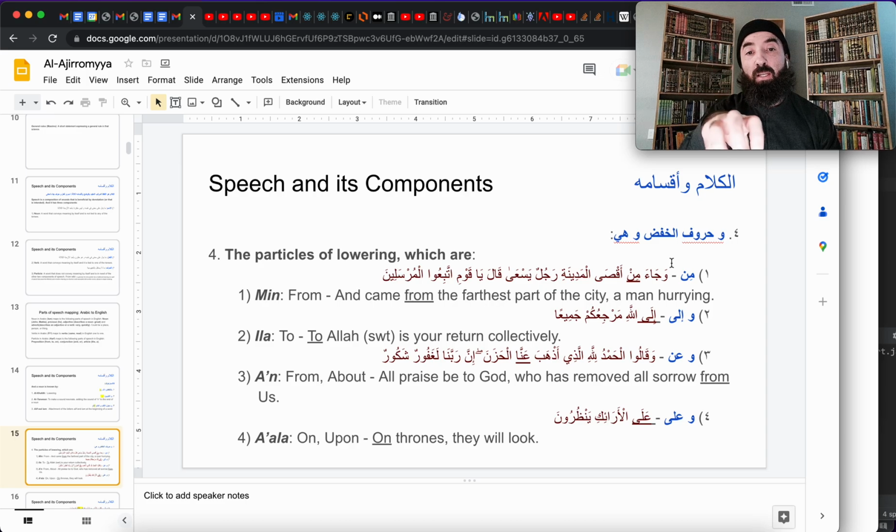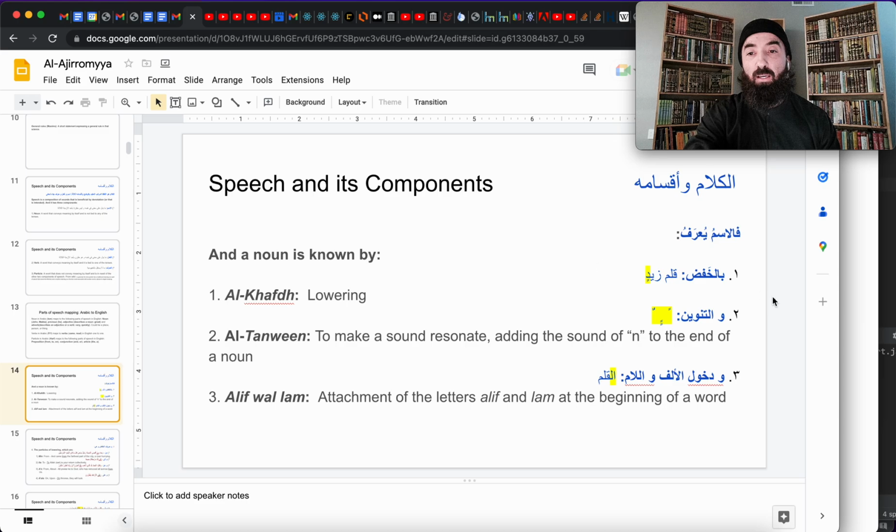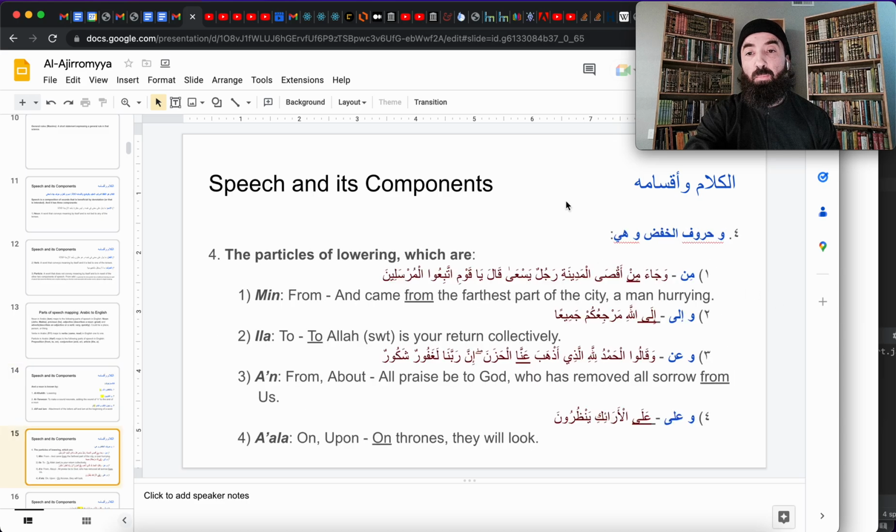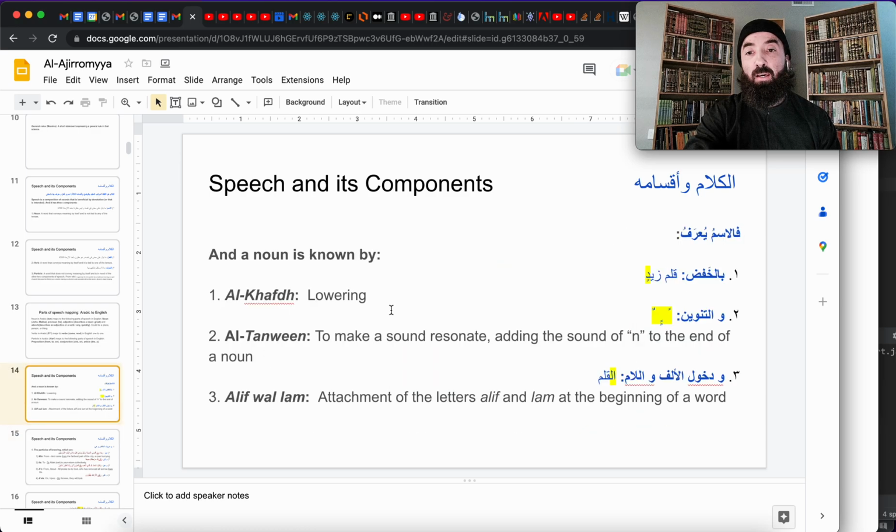Meaning, if you see a word that is preceded by one of these particles, the particles of khafd, you know that word is a noun. And the difference between the first sign, lowering by itself, and the particles of lowering, is that you could have khafd without any of the particles of lowering.